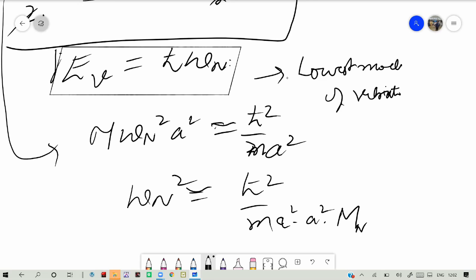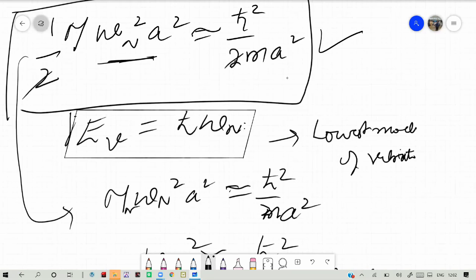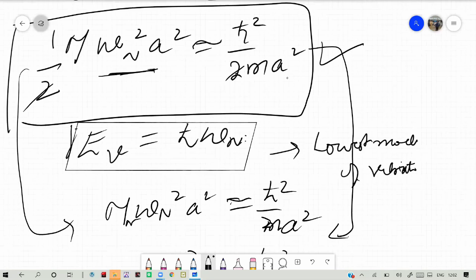This is nucleus, this is electron, so don't confuse them with each other. h cut square, omega n, we take this equation. So h cut square, m will go to the denominator, a square will go to the denominator, and we have m already there, a square already there.